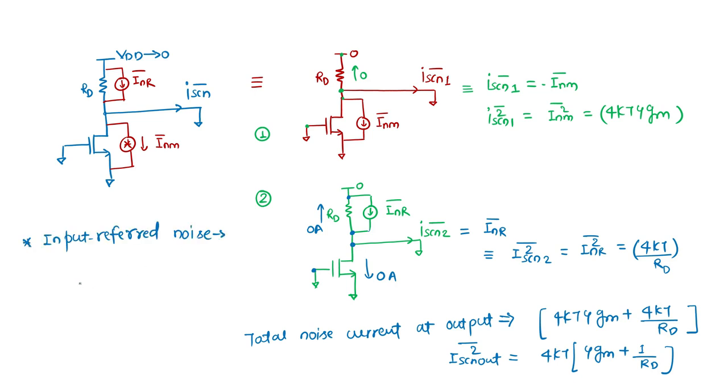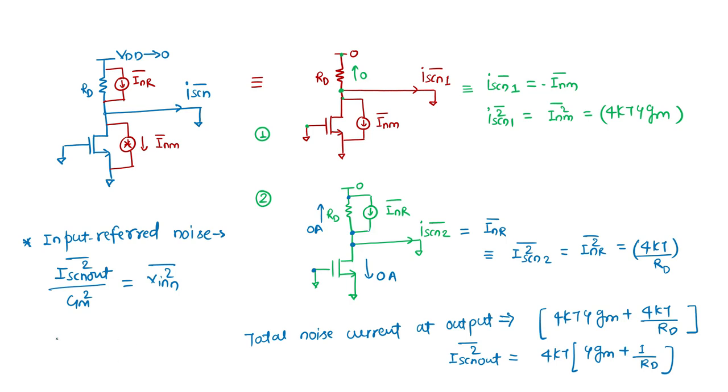If you have the output short circuit current mean square, then what should you do? Divide it by gm of the circuit squared. This is the noise at input. The input noise mean square value is the input referred noise.